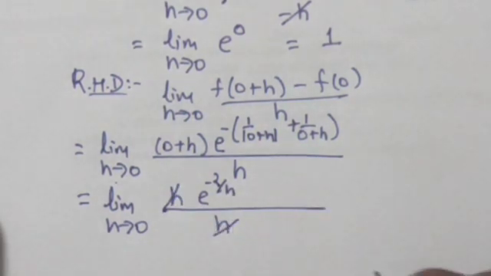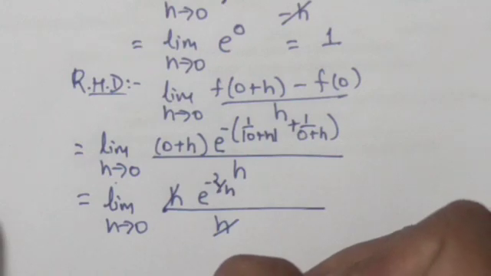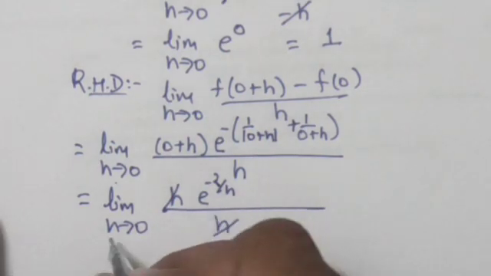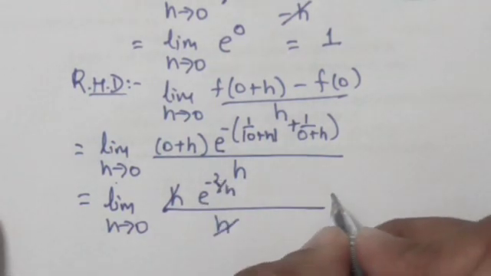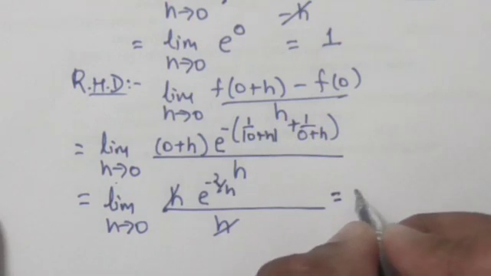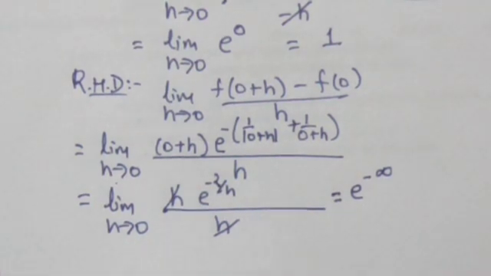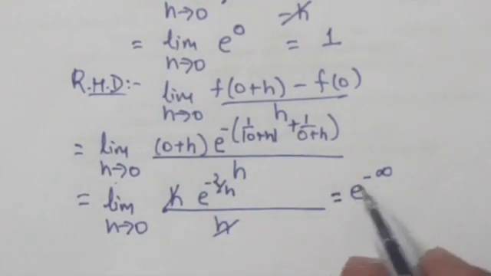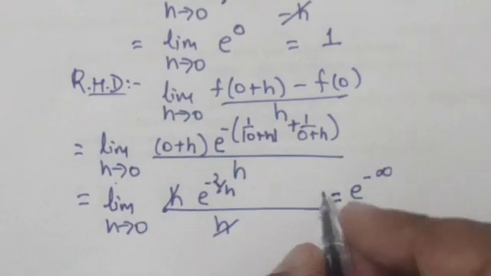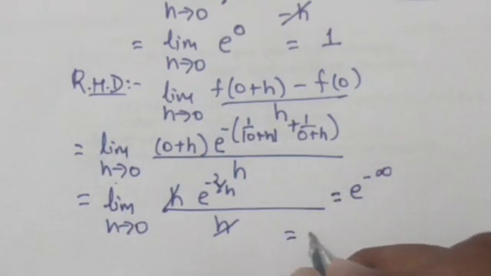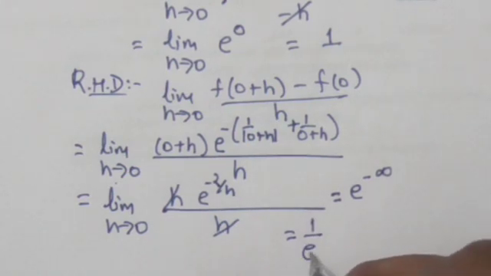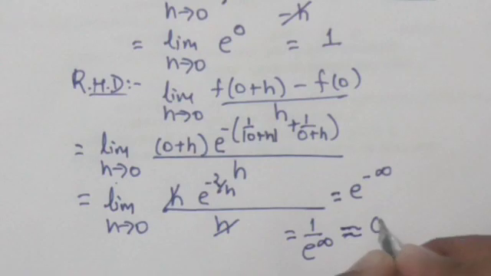This h will cancel this h, right? Now it will be equal to e raised to power minus infinity, right? Now e raised to power minus infinity will be equal to 1 upon e raised to power infinity, and this value will be approximately equal to 0.